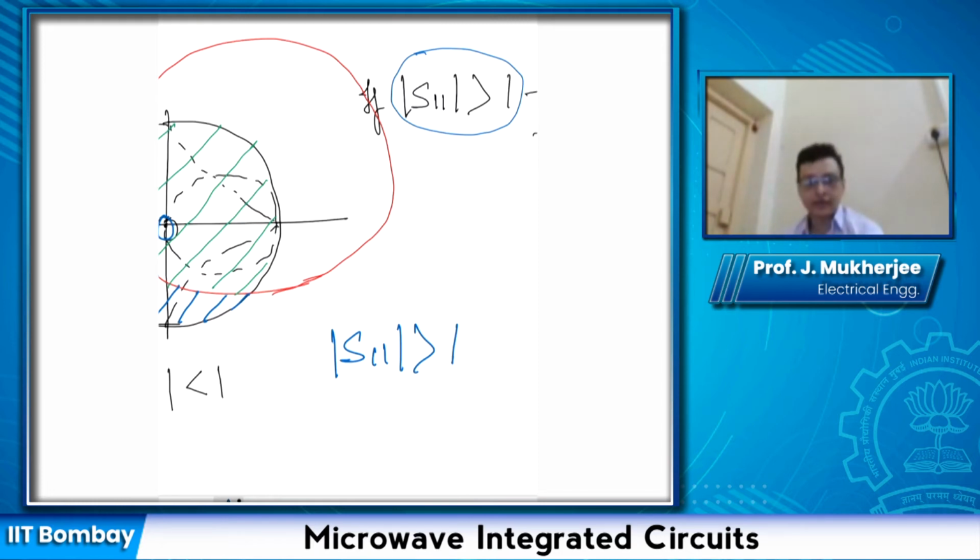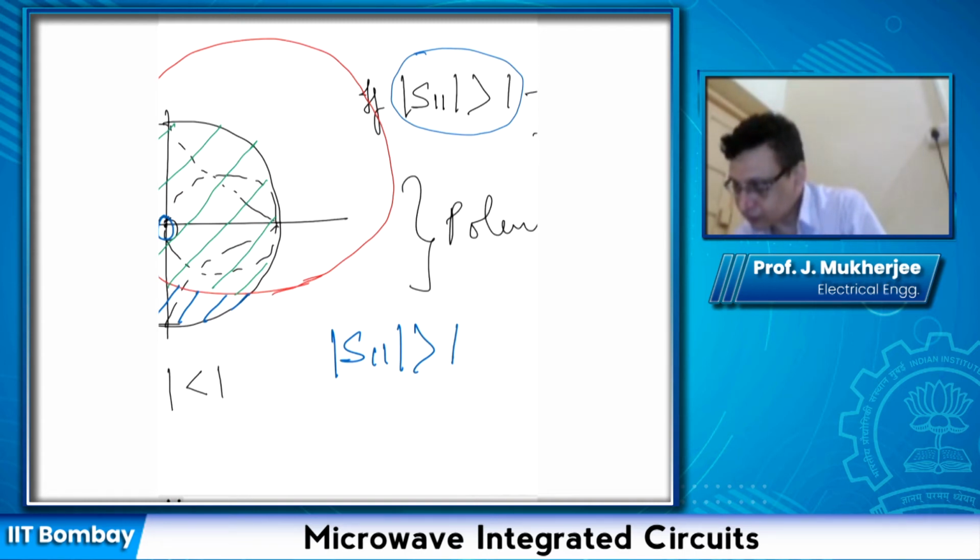Okay, so this is how we determine which point within the unit circle is stable and which point is unstable. Now this of course represents what is known as potentially unstable.